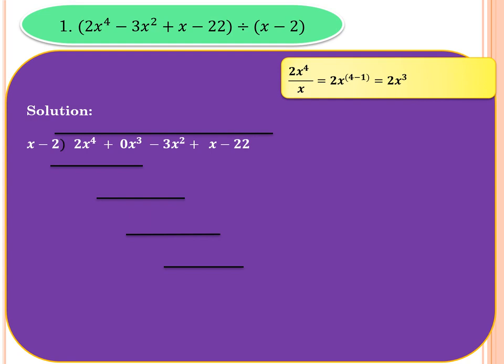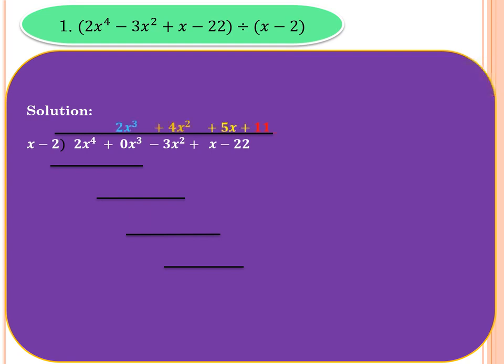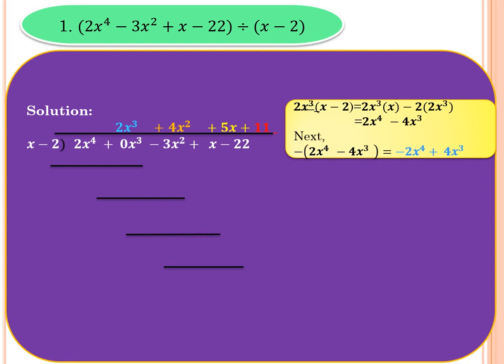So, 2x to the power of 4 divided by x will give us 2x cubed. So, 2x cubed would be the first term of our quotient. Ayan siya, yung kulay blue dyan. And then, si 2x cubed, i-multiply nga natin siya sa divisor natin ng x minus 2. So, we will have 2x cubed times x minus 2. Then, this will give us 2x to the power of 4 minus 4x cubed.